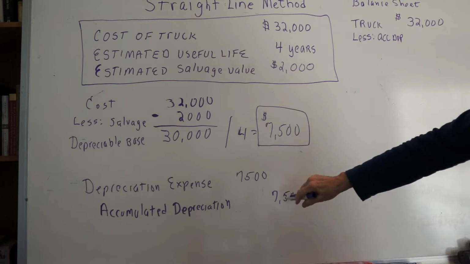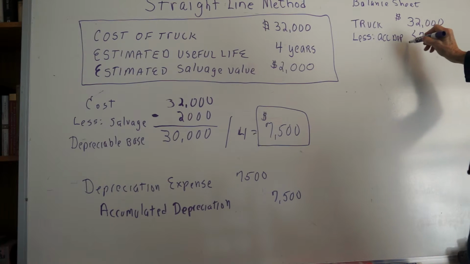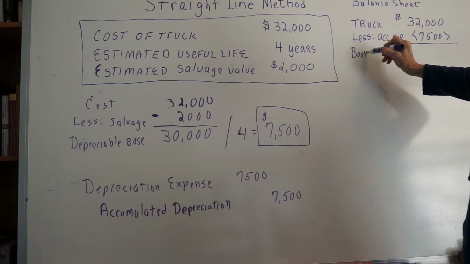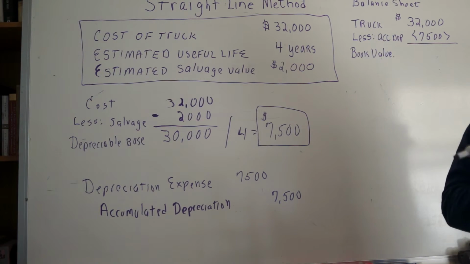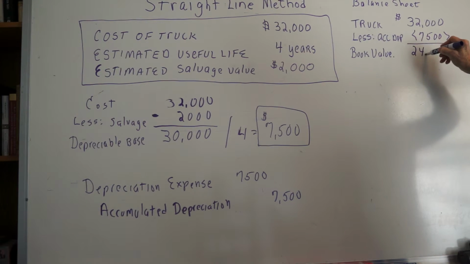And so far, we've accumulated only $7,500. So that gives us what would be the book value, and it would not say book value on the balance sheet, but it would give us the current book value of the truck of $24,500.